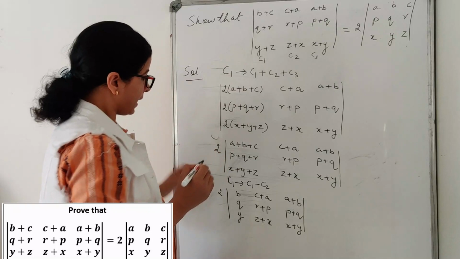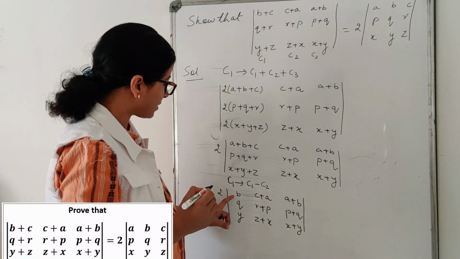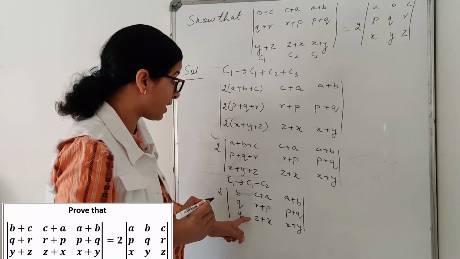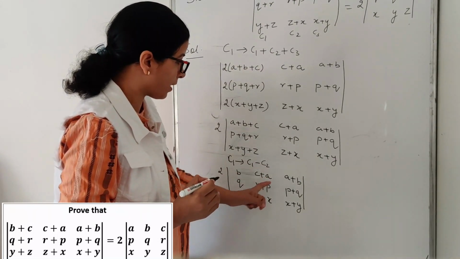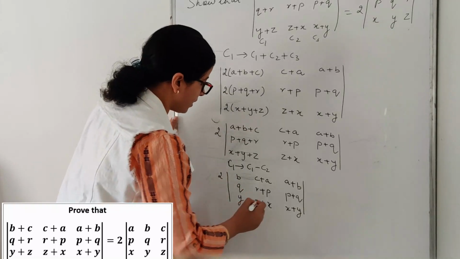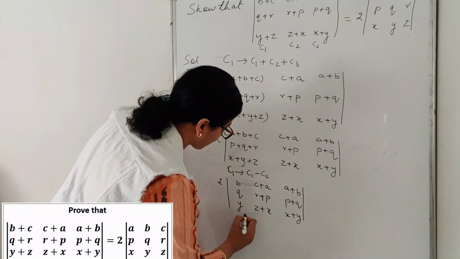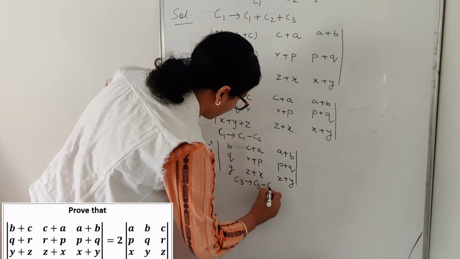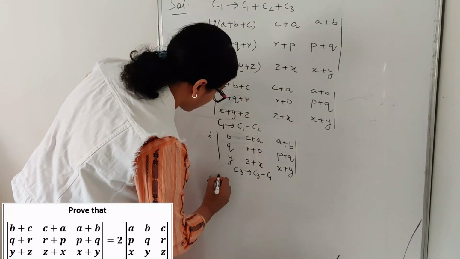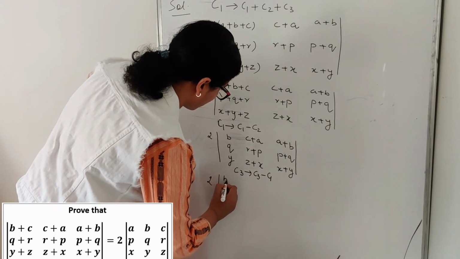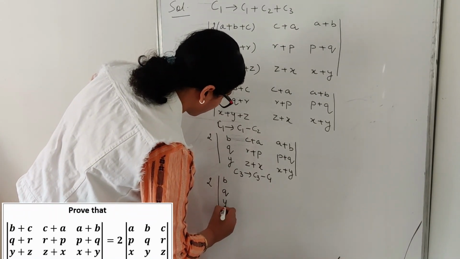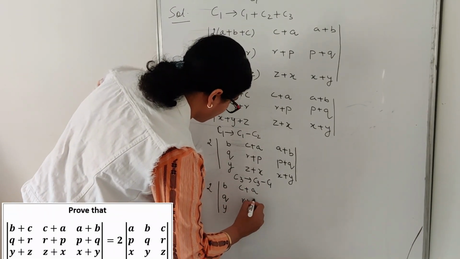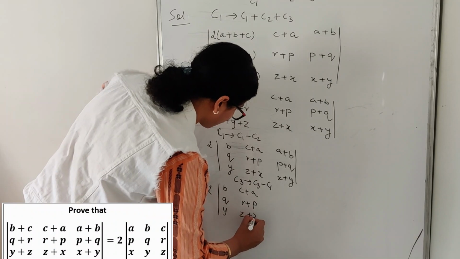Clear? Now what I am going to do? I will subtract these 2 columns. Okay? Because here I cannot subtract. I don't have b, q, y here. I have here b, q, y. Right? So my next operation is C3 tends to C3 minus C1. Okay? So what I am getting basically here? I am getting here b, q, y, c plus a, r plus p, z plus x.